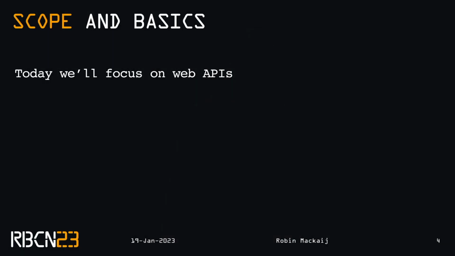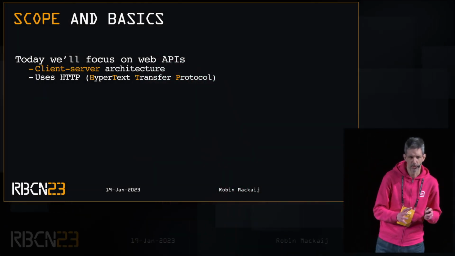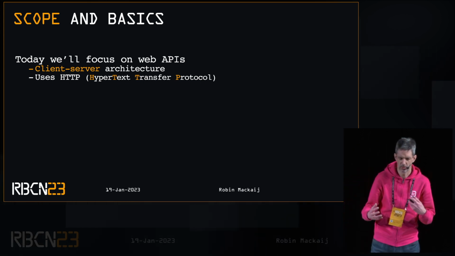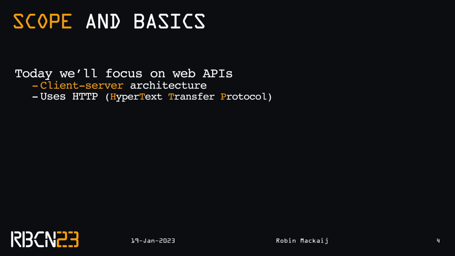Remote APIs, and then we have web. Today I'm going to be focusing on web. There are two main things here. We have a client-server architecture, which basically means there's a server somewhere that's just waiting for you, as a client, to ask it something.